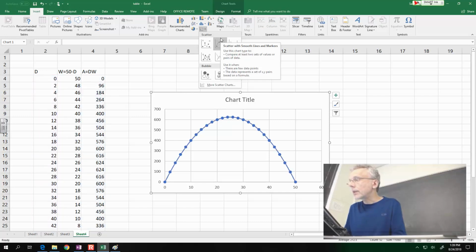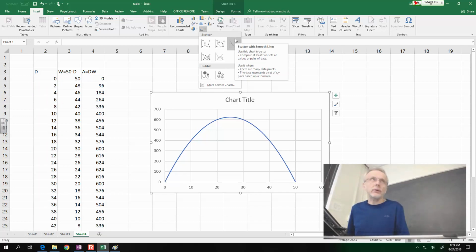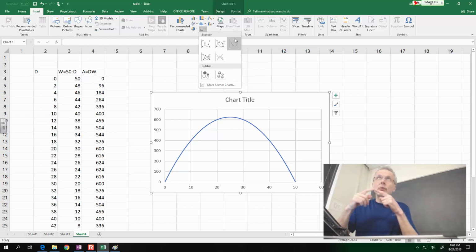You can turn it into a curve, or curve with points, or curve without points, like this. It's the same data, but Excel does the work for you and connects the dots with a curve, and then you realize that there might be a bump somewhere halfway between the two largest values, 624. There might be in between even a larger number.